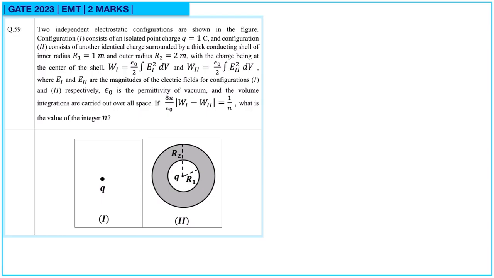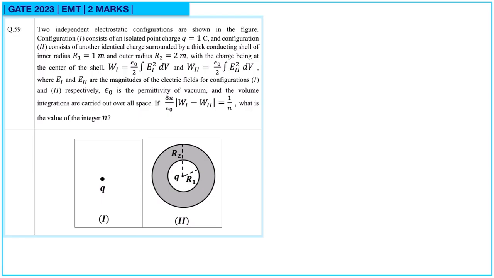W1 is epsilon naught by 2 integral of E1 square dV, and W2 is equal to epsilon naught by 2 volume integral of E2 square dV, where E1 and E2 are the magnitudes of the electric fields for configurations 1 and 2 respectively. Epsilon naught is the permittivity of vacuum, and the volume integrations are carried out over all space. If 8 pi epsilon naught times W1 minus W2 is equal to 1 by n, then what is the value of the integer n?